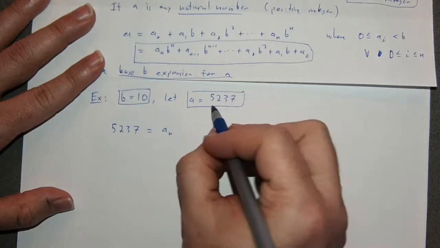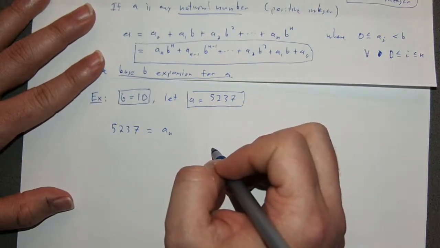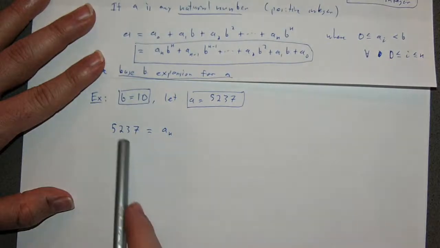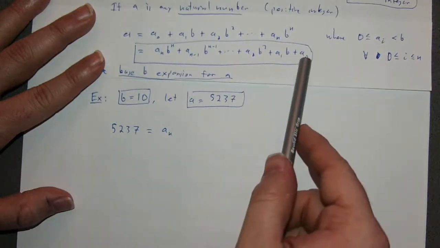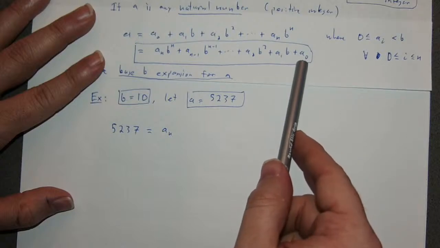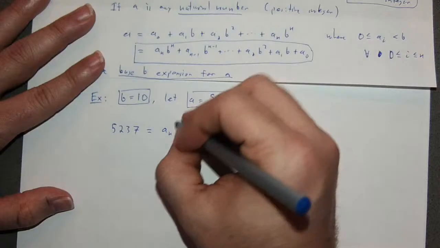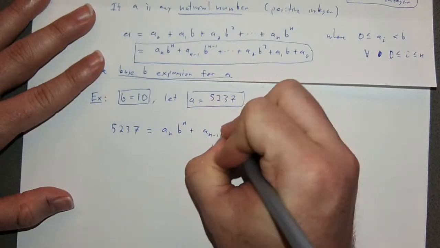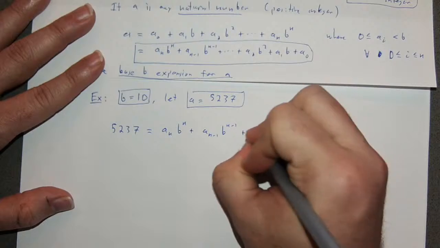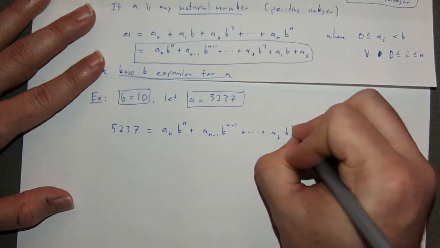In the form a sub n, well, what is n here? I have to think, what are these things actually supposed to be? These are supposed to be powers of b. So before I put a sub n here, I'm going to write this form I'm supposed to write this thing in.